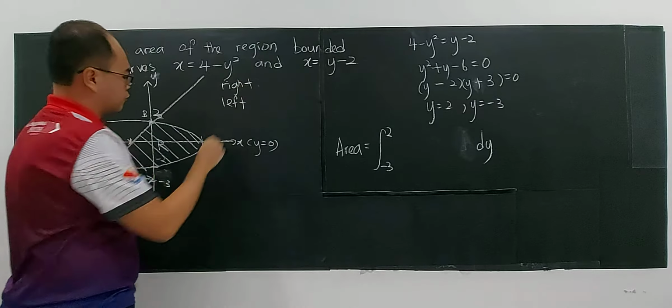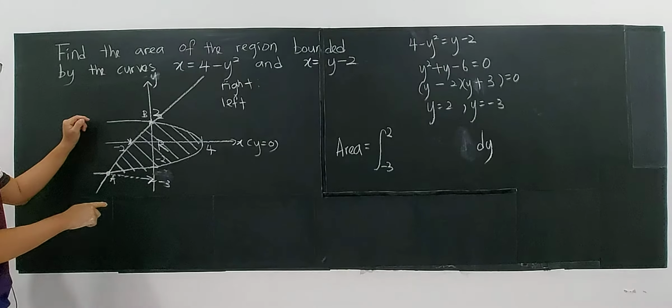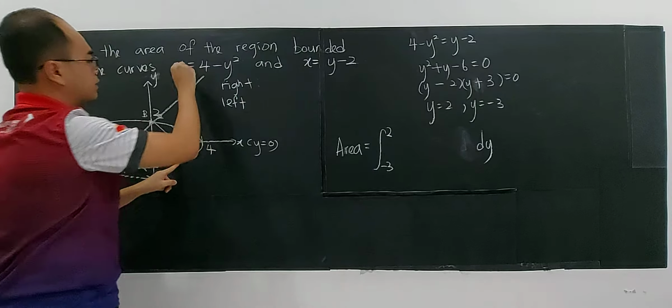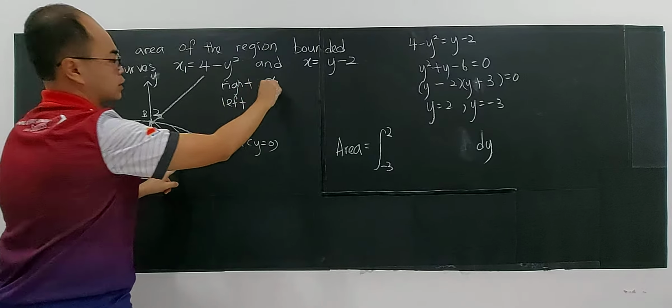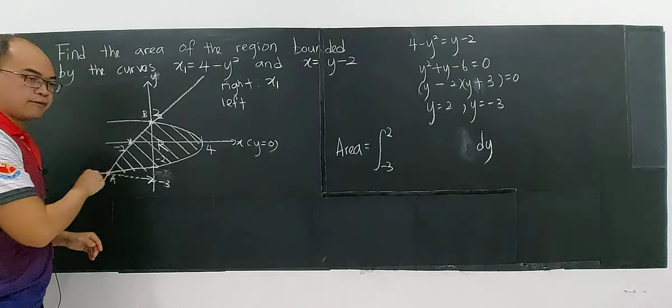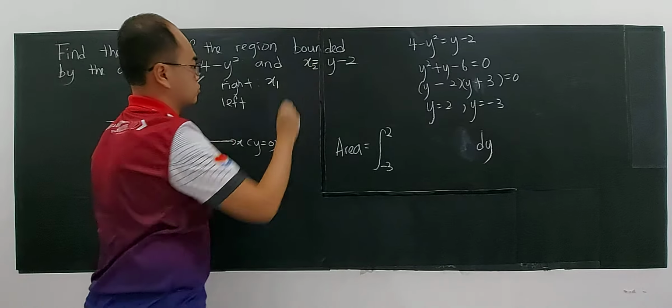The right curve will be this one, which I label as x1. How about the left? The left will be the line, x2.